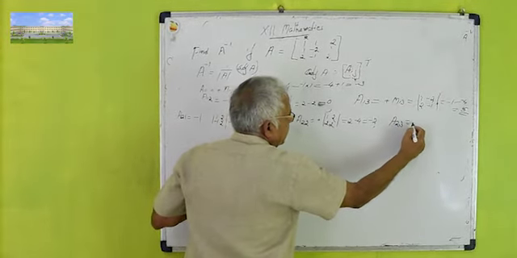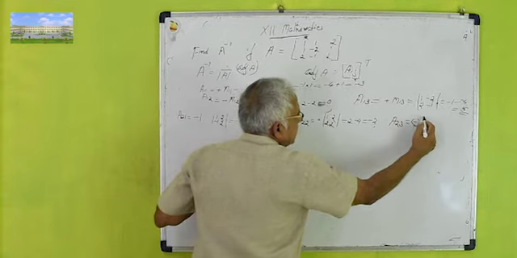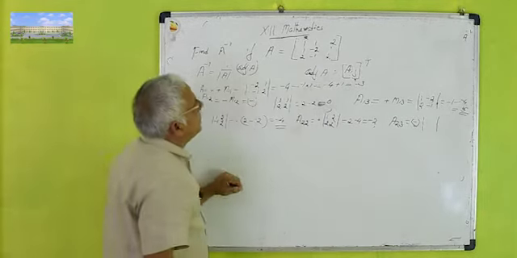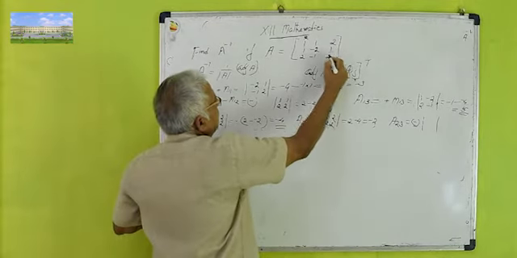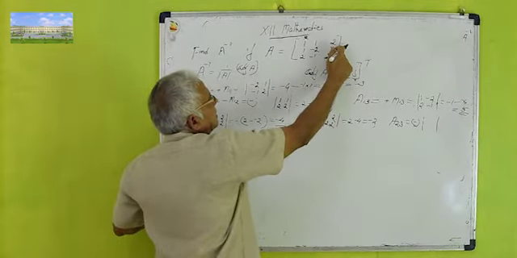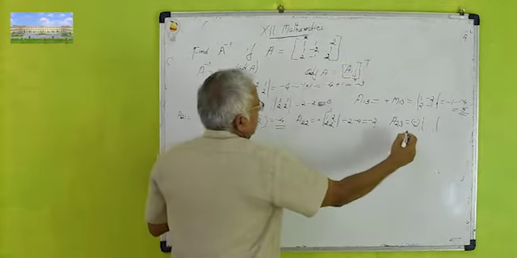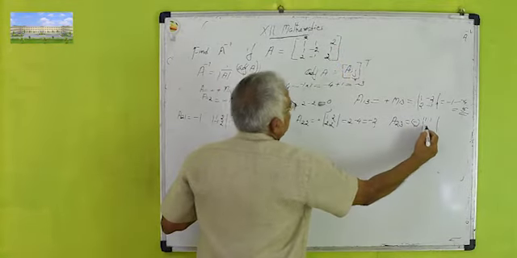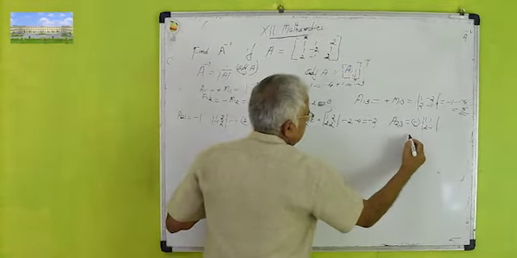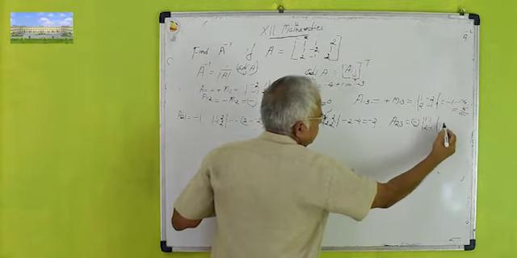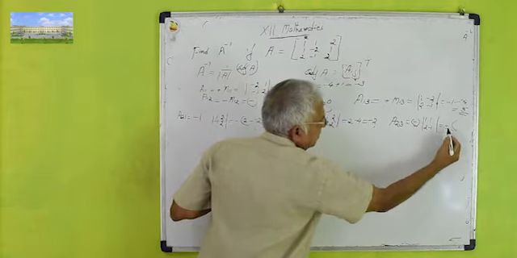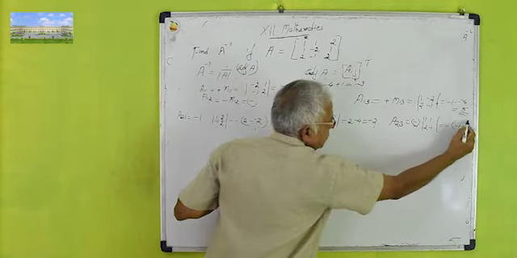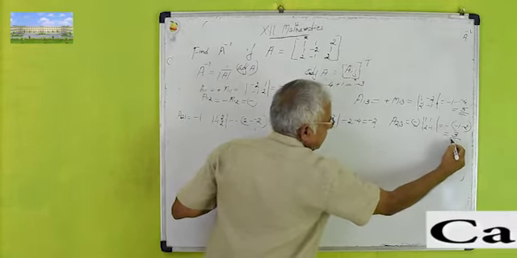A23: negative sign into the determinant obtained by deleting the second row and the third column: 1, 1, 2, -1. That is negative of (-1 minus 2), so -(-3), which is 3.